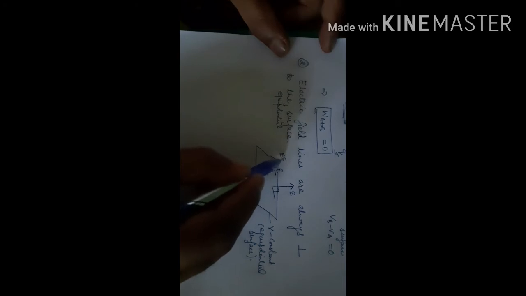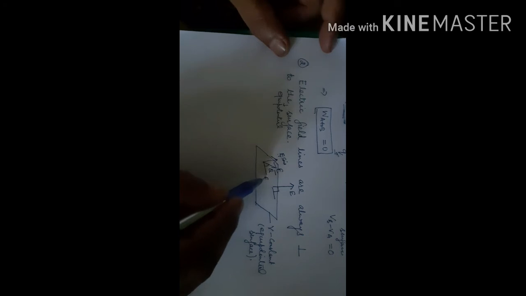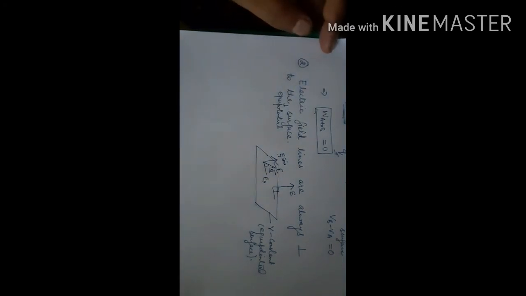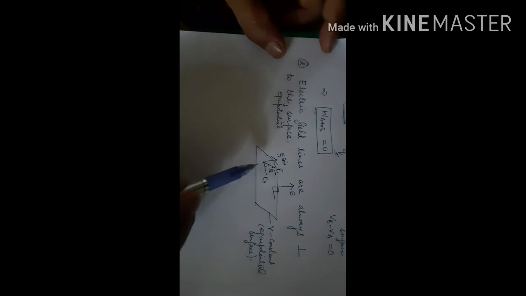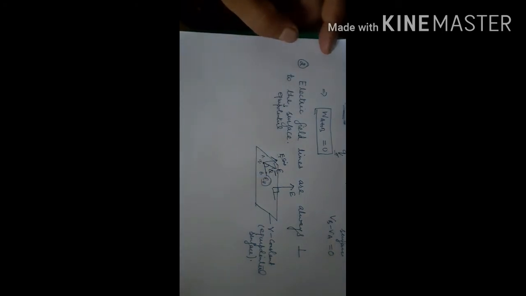Then I can resolve this electric field into two parts: the perpendicular component, E sine theta, which we call E perpendicular, and E parallel. Now if a charge is moved from A to B, then I have to do work against this electric field, as it is along the surface.